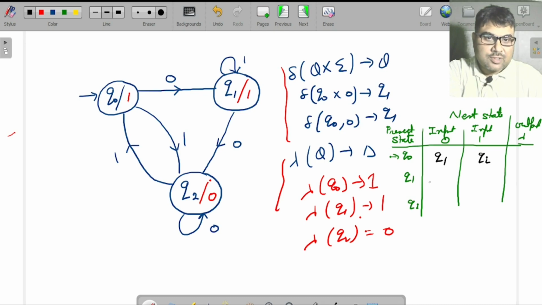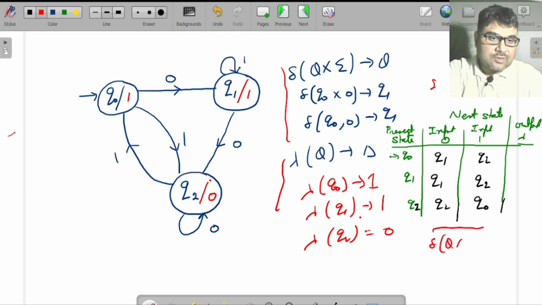Q1 on 1 you reach the same state, Q1 on 0 you reach Q2. Q2 on 0 is Q2, and Q2 on 1 is Q naught. So this is the transition. Here we're talking about the transition, Q cross sigma gives Q.